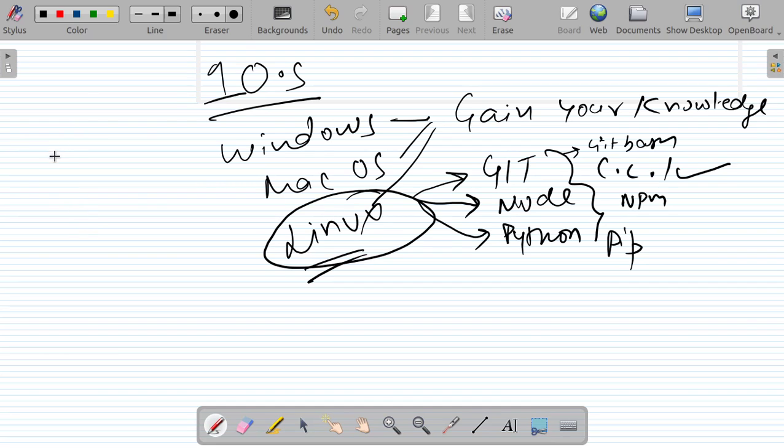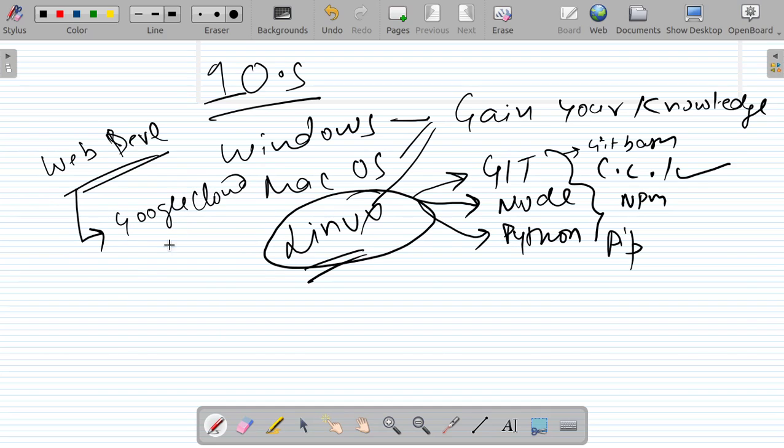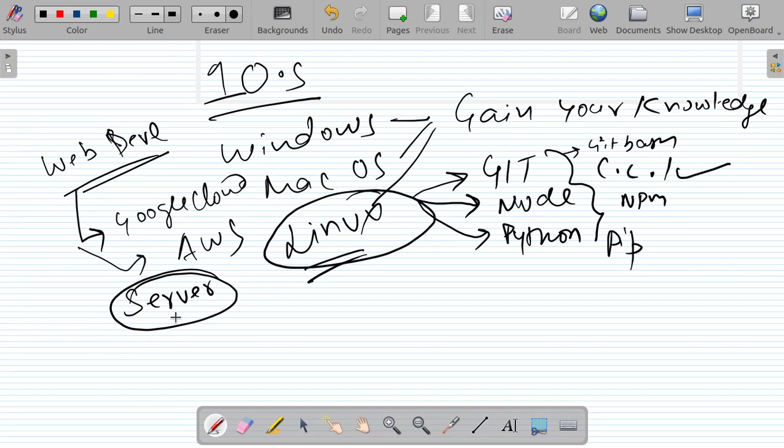Also, if you are a web developer or a full stack developer, when you deploy your project on services like Google Cloud or other cloud-based services like DigitalOcean Droplets and Amazon Web Services, you will ultimately be deploying your project on a server based on the Linux operating system.